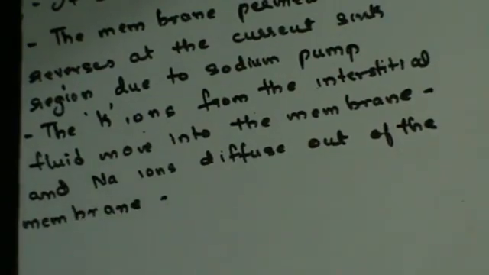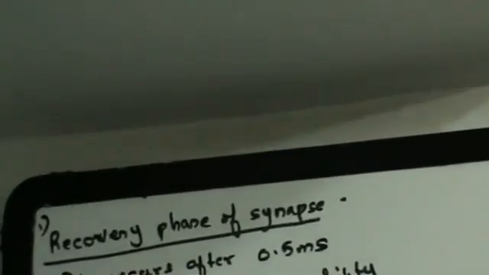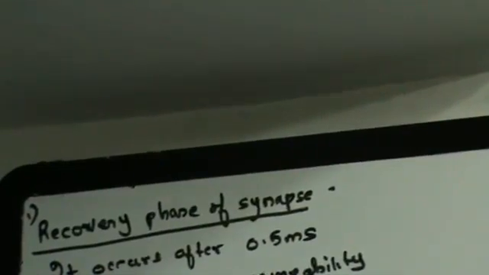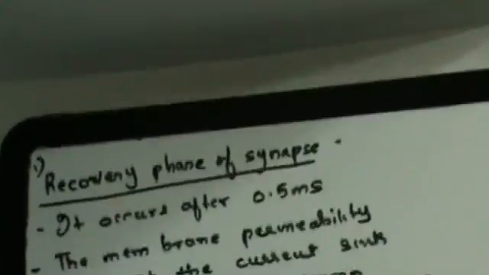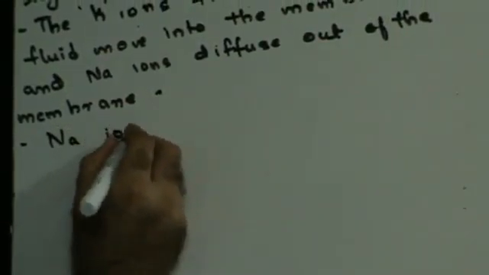Now as a result of this, once sodium ions diffuse out of the membrane, the sodium ion concentration becomes higher outside than inside.